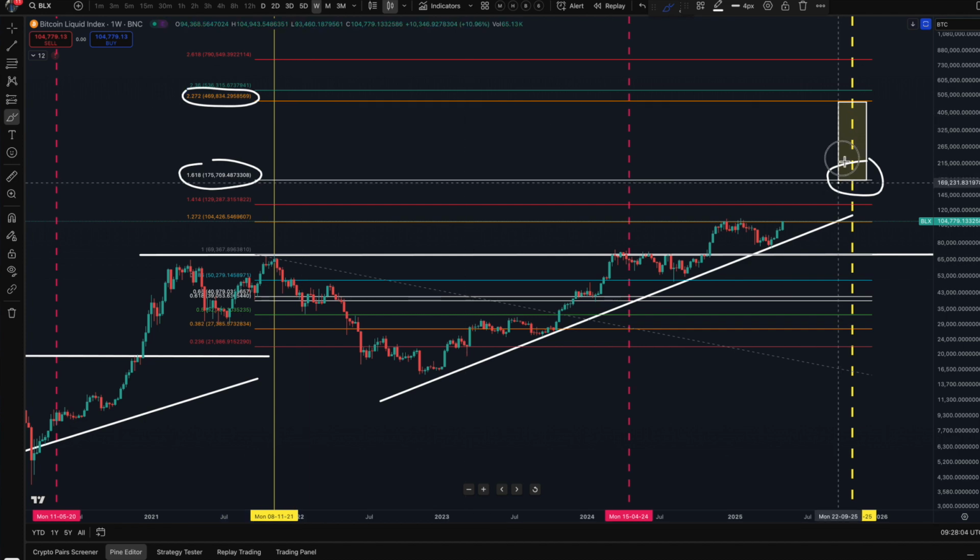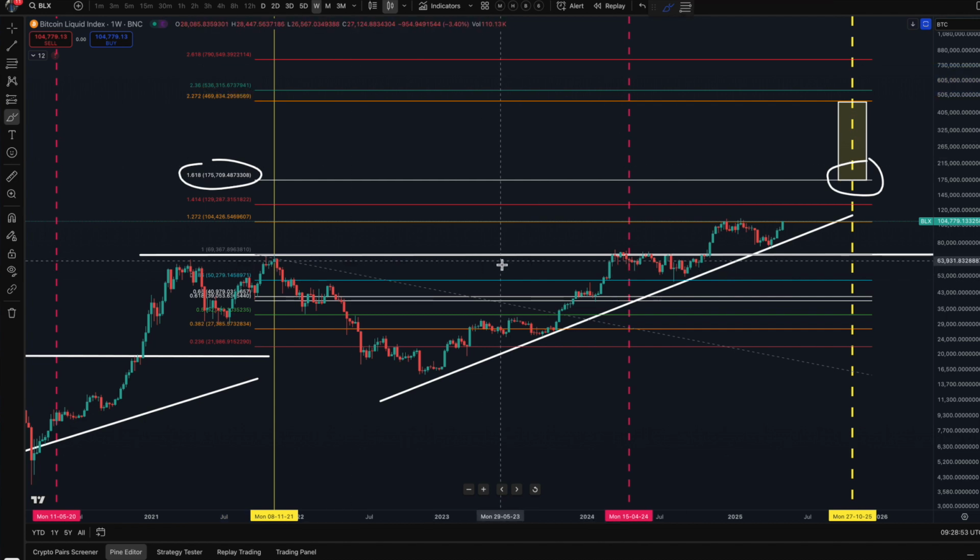So should we start moving up above the 175,000, then the 2.272 will be on the table. And finally, the 2.36, which we got back in 2017, that would suggest 536,000, call it 540,000. So those are the three targets that we have for the possible end of the current bull market: 175, 470, and 540. So let's see what happens next.